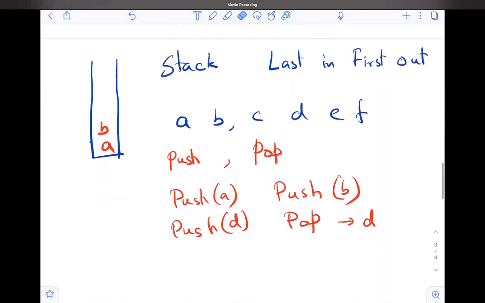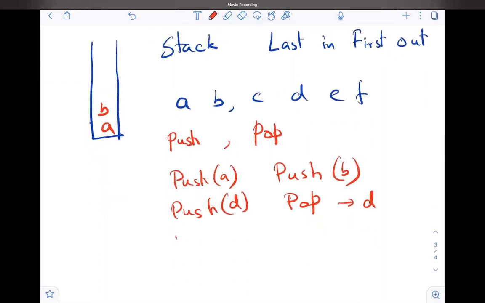If you ask for another pop, what will be returned is B, and B will be removed.